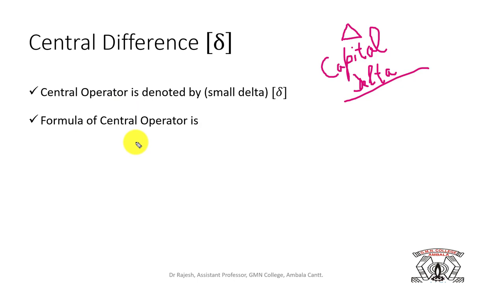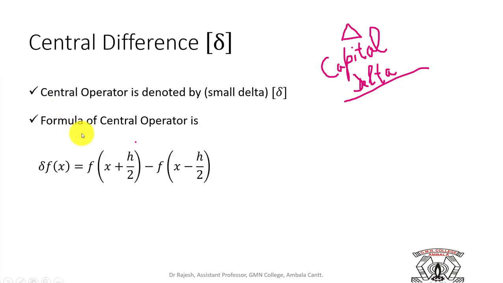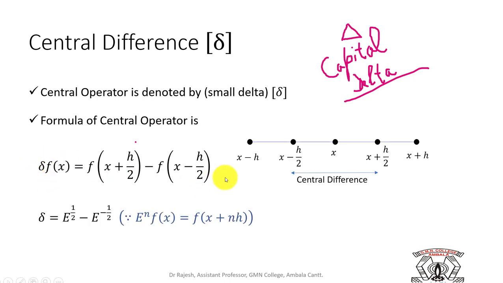And the formula for central difference operator is given by small delta of f of x equals f of x plus h by 2 minus f of x minus h by 2. This is the operator and this is the operand. Why this formula?